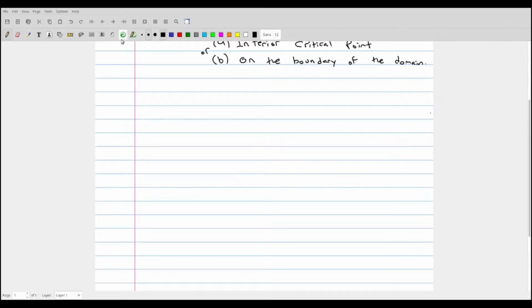And a picture illustrating this is the following. Suppose we have a function of x.